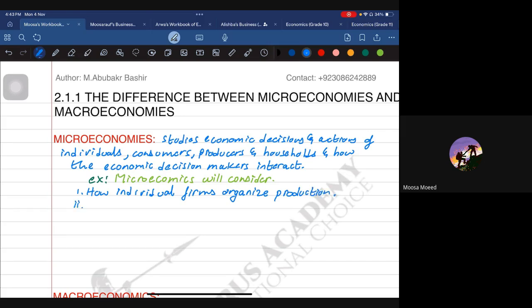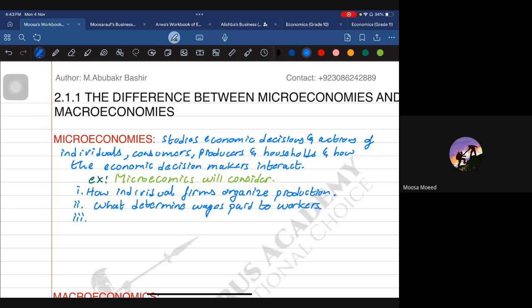Then, what determines wages paid to workers? That whatever the wage is going to be paid. So this is a discussion at a micro level.